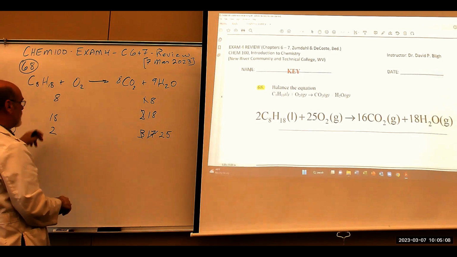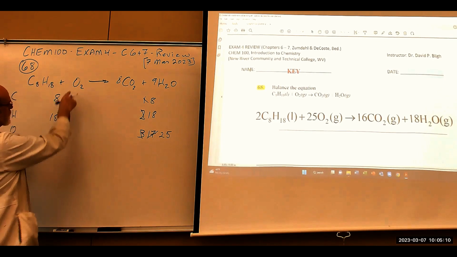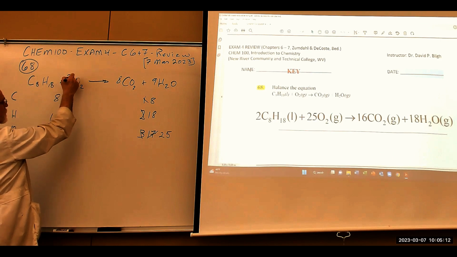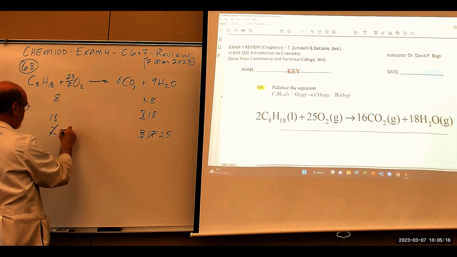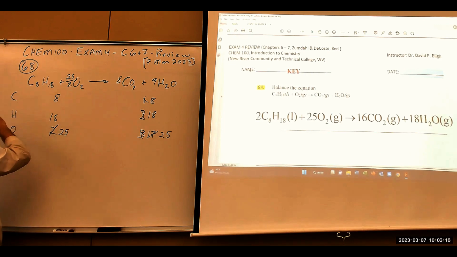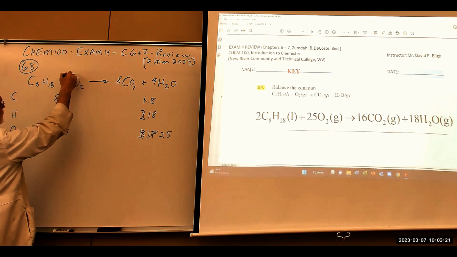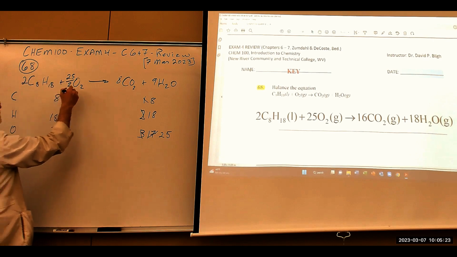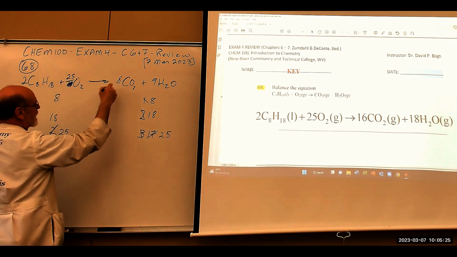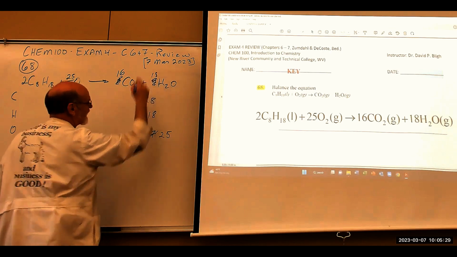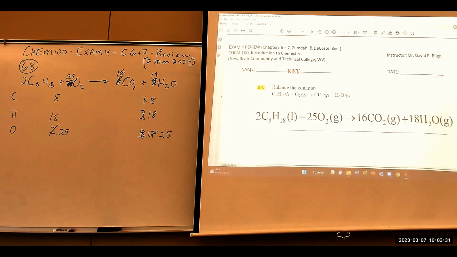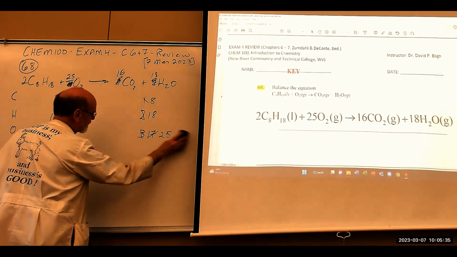Okay, how do we get 25 here? The usual fraction. Now we want to balance that. So we multiply everything through by 2. That's a 2 here. That makes that 25, makes that 16, makes that 18. That's the balanced equation for the combustion of octane.